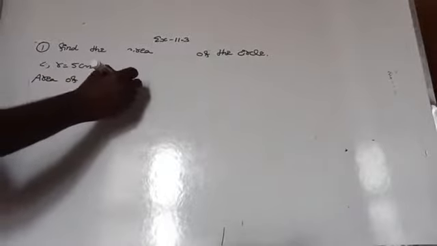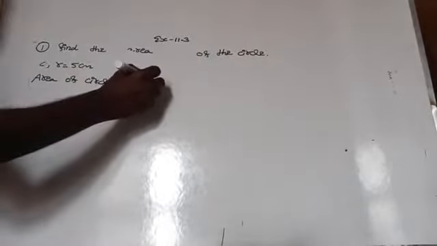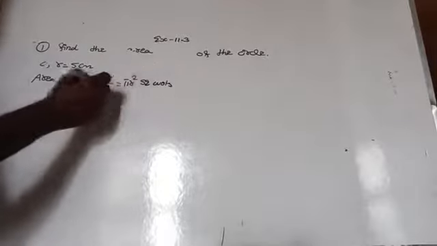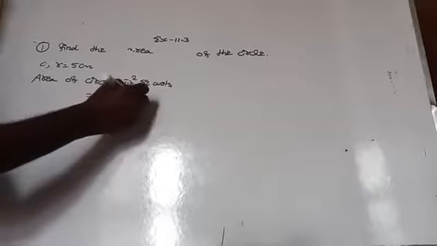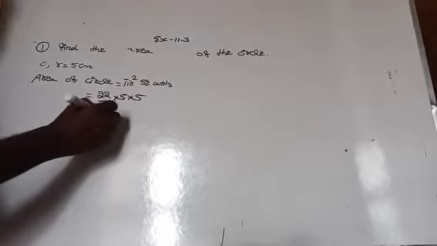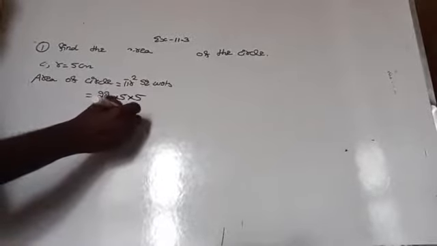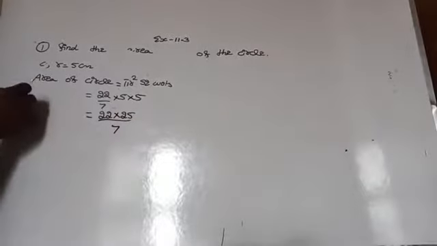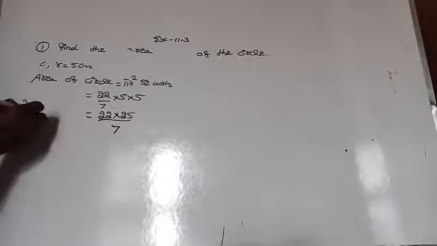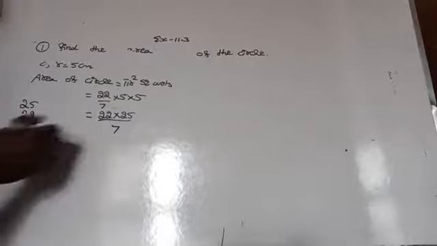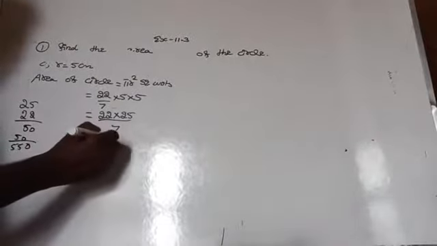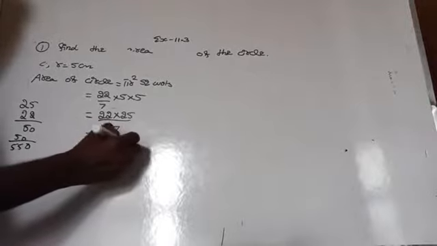Pi r square units. That is 22 by 7 into radius 5 into 5. That is 22 into 25, I think so 550. 25 2s are 50. So 550, which is equal to 550 by 7 centimeter square.